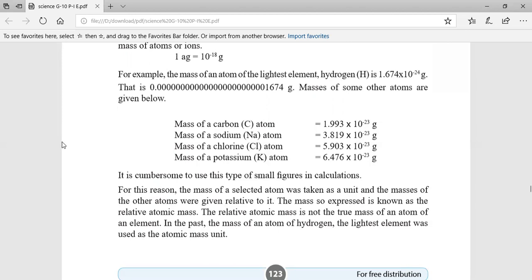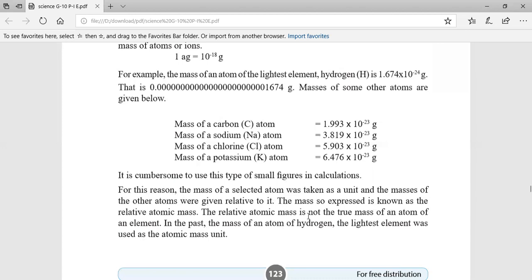We call that the relative atomic mass, because it is relative to the selected atom. What is relative atomic mass?